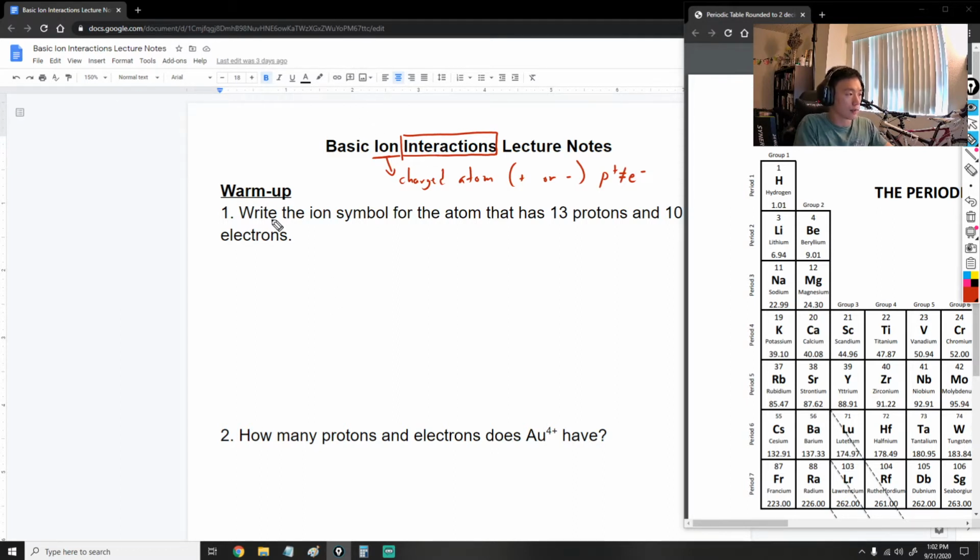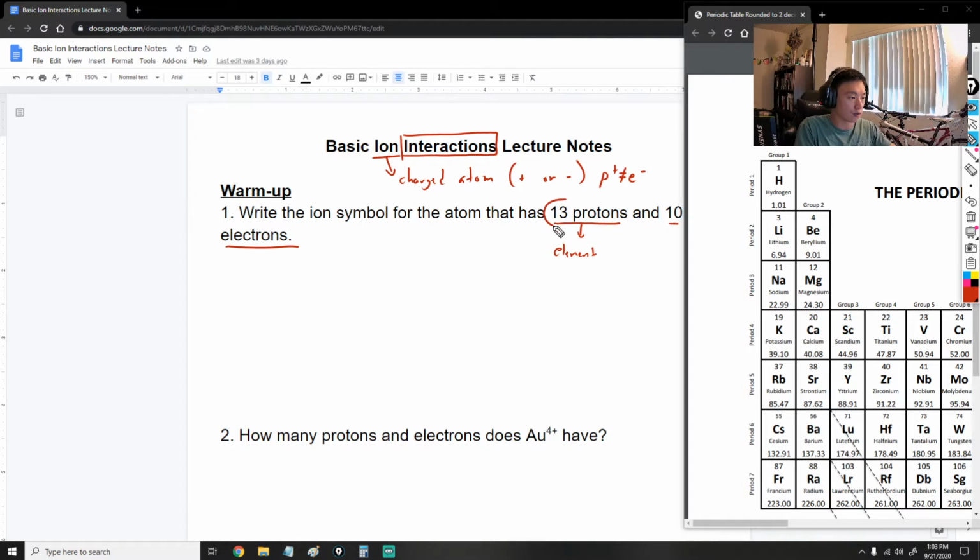Alright, so for the warm-up, the first problem, we're going to write the ion symbol for the atom that has 13 protons and 10 electrons. We're going to start with the protons because this tells you what element it is.